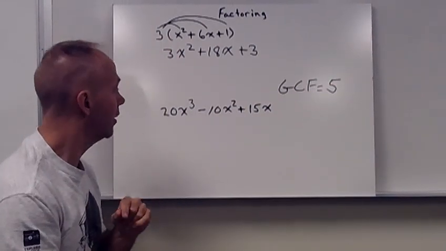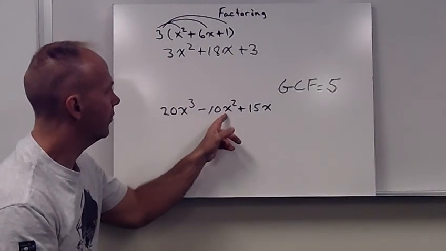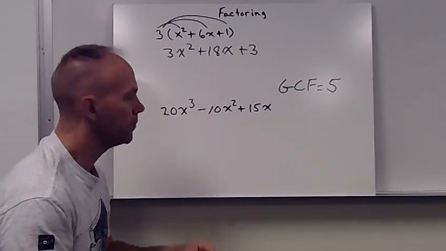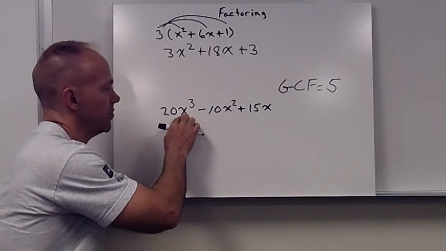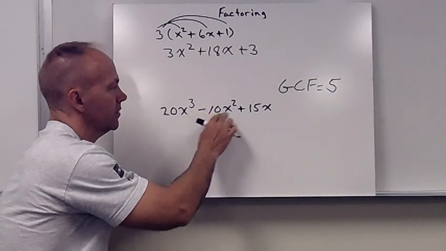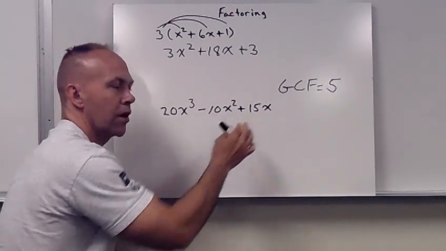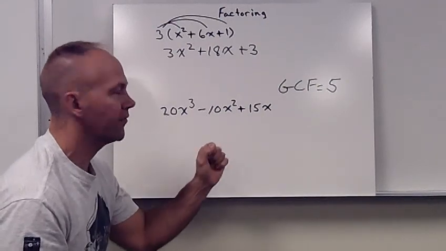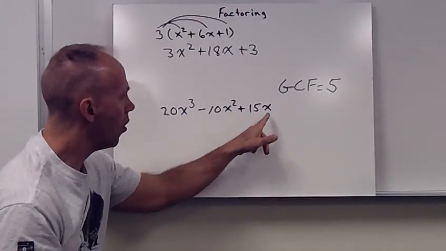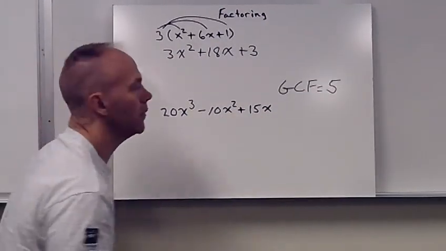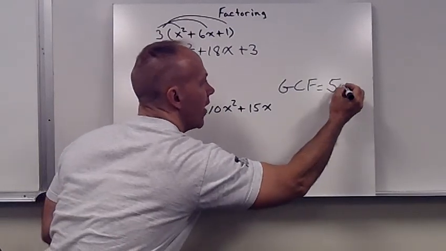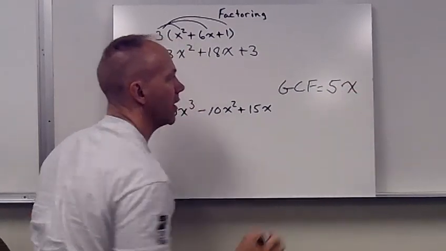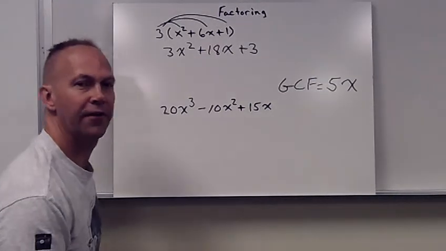But I'm not done. Do they have x's in common? This contains 3 x's, x times x times x, 2 x's, 1. How many do they have in common? Well, they all have at least 1. So I can factor out an x. So my greatest common factor is 5x.